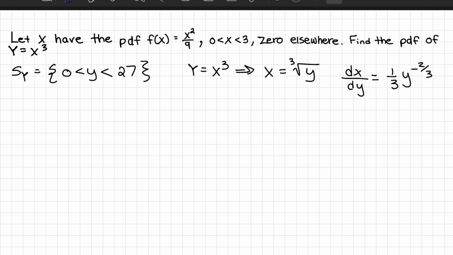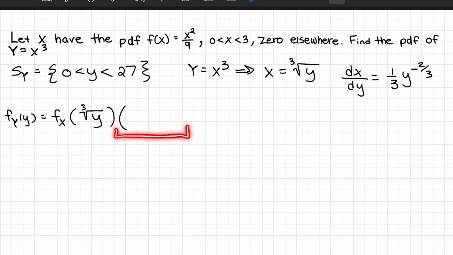Now we can just plug this into the series of steps I have outlined in a previous video. So our PDF of y is just going to be equal to our PDF of x where I input my inverse into my PDF of x, and I multiply it by my Jacobian.